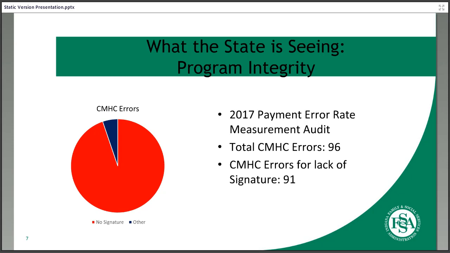That's 96 errors. Within those 96 errors that CMS saw, 91 of them were because there was no consumer or guardian signature on the treatment plan. So that's 94.8% of the CMHC errors involving this lack of signature.